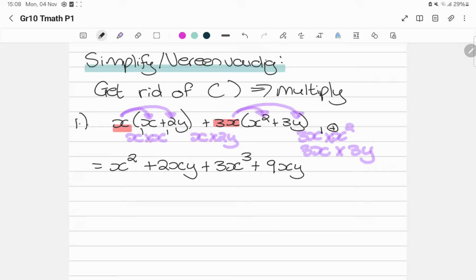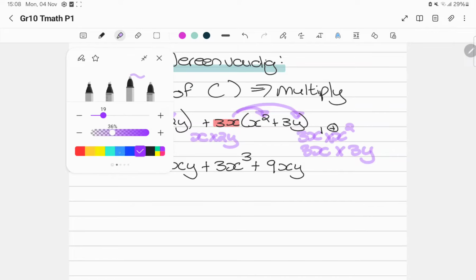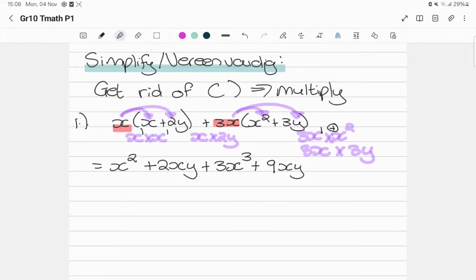Then you must ask yourself, do I have any like terms? Meaning, do I have anything that has exactly the same letters as well as the same exponents? Het enige gelyksoortige terme. So, yes, I have an xy here and an xy here. So I take the numbers in front. x squared doesn't have any friends, it's just x squared.